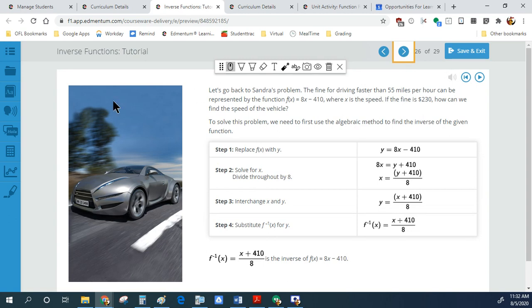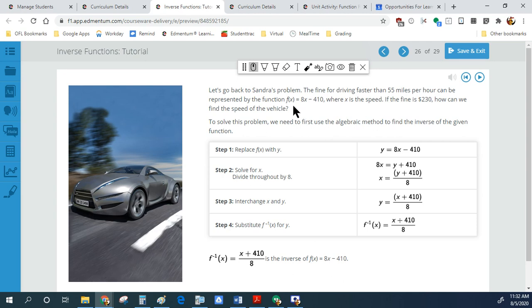And here they're just doing a summary of that problem where it was talking about Sandra's problem, where if she's driving 55 miles per hour, how do we recognize the fine of her ticket? So her ticket was this much. So you would plug in your x into here. If her ticket's this much, you're going to need your inverse.